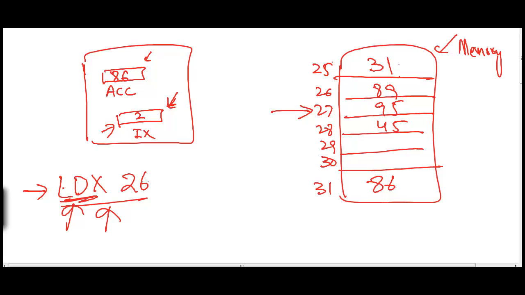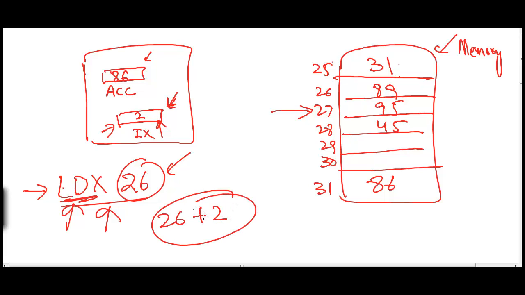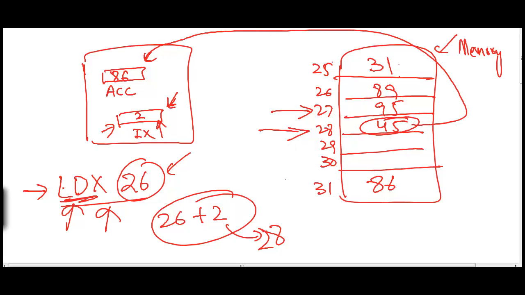So the address is going to be this value 26 plus the value inside the index register, which is 2. So 26 plus 2 is 28, right? So we are going to go to location number 28, and the value there is going to be loaded into the accumulator. So this time the accumulator will be loaded with this value 45. The old value is overwritten, and this new value 45 is now loaded into the accumulator.